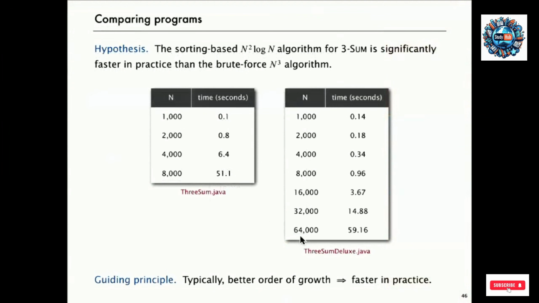In 50 seconds, we can solve up to 64,000. So typically, we expect that better order of growth means faster in practice. But when it comes to examining the algorithms in detail, we can do the tests and figure out which algorithm is faster. And certainly going from n cubed to n squared log n, we expect a much better algorithm.